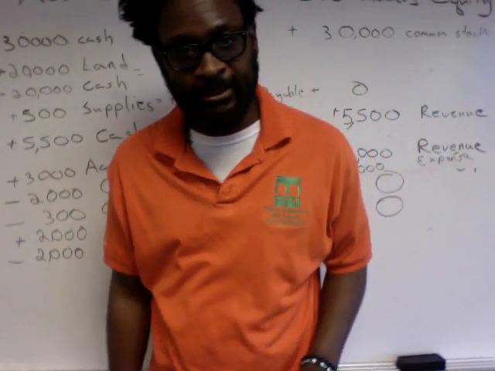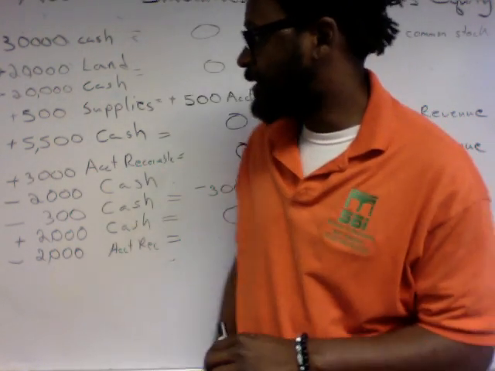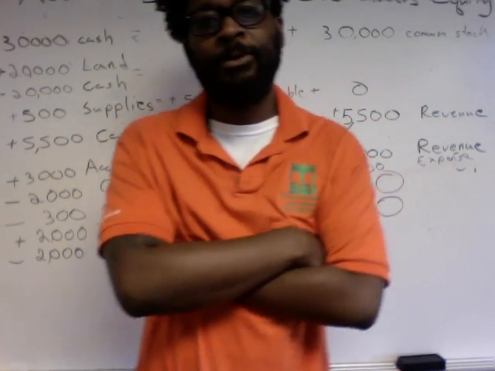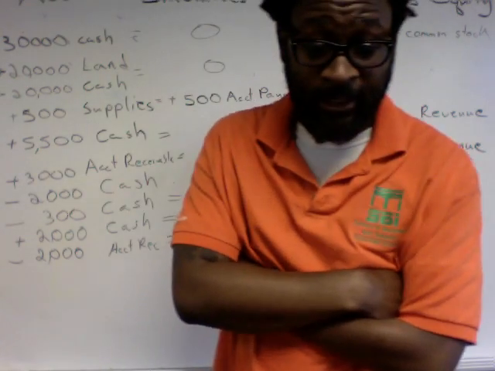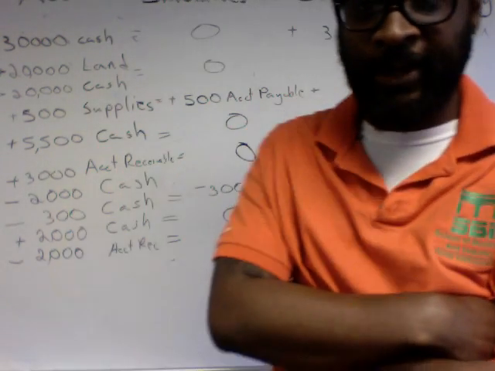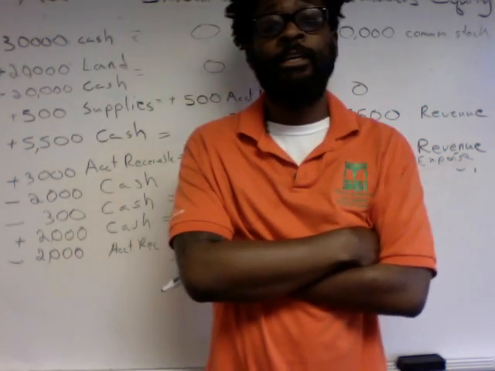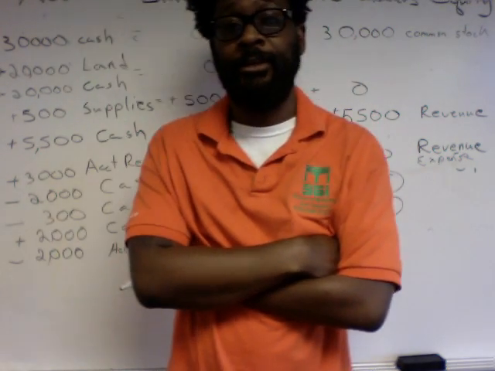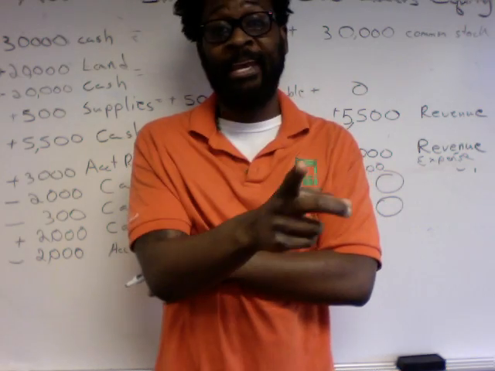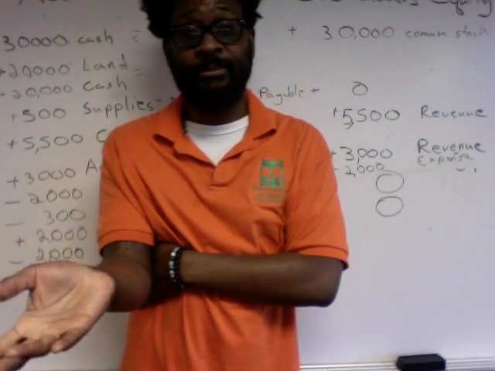Last but not least, we're going to sum it up by saying suppose that we pay a dividend of $5,000. Again, what are the key words? Paid and dividends, right?